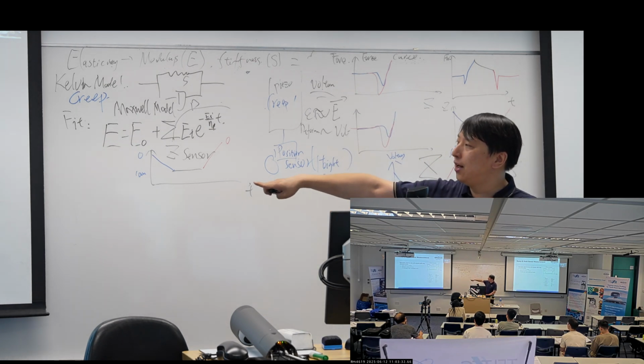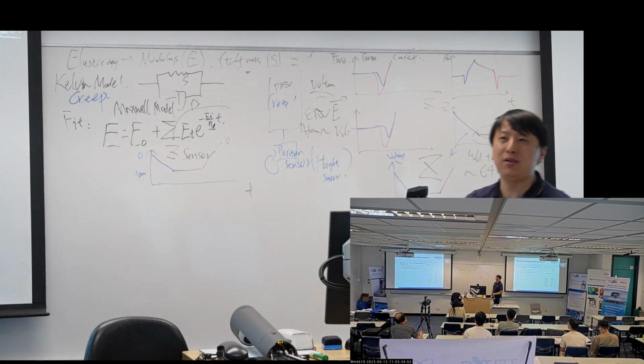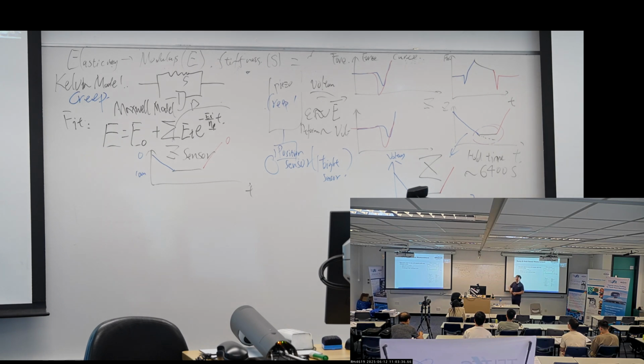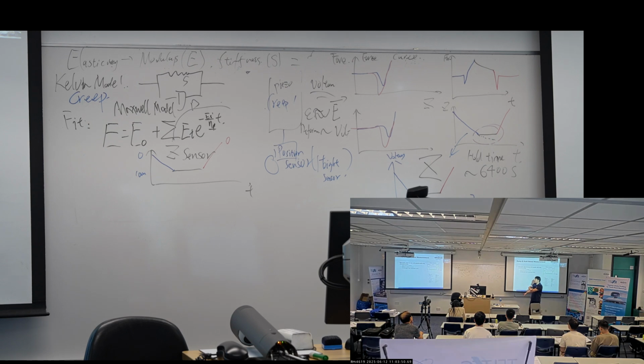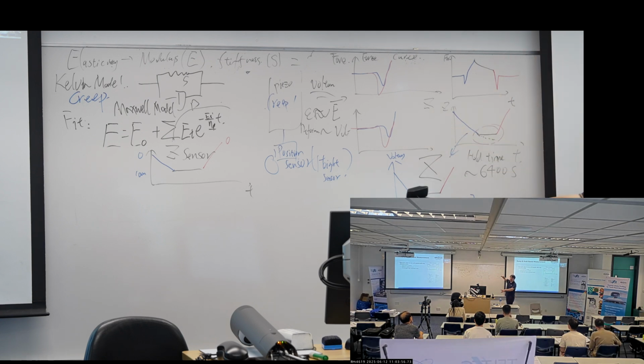If you hold the Z, you will see the piezo creeping, and usually people will do this on glass or on silicon, because for silicon there is no viscoelasticity. You suppose you hold the height, the force will be a constant, but if we hold Z, you will see the force is increasing because the piezo is creeping down.